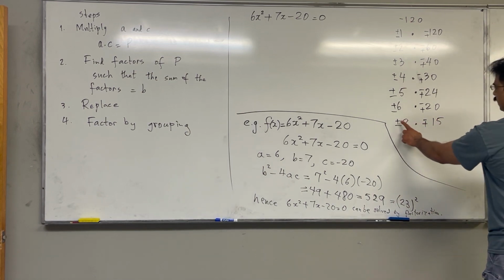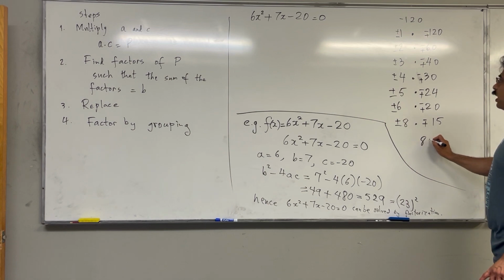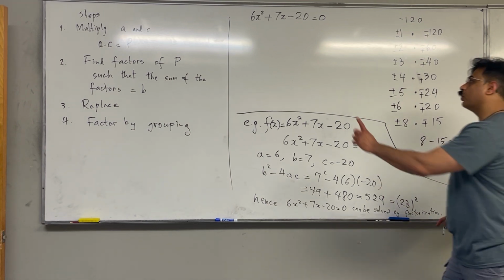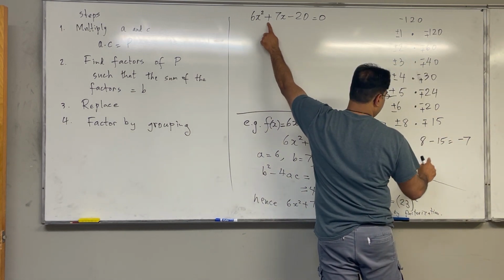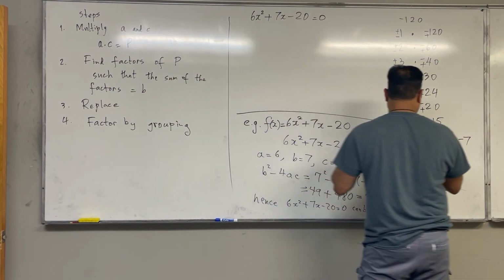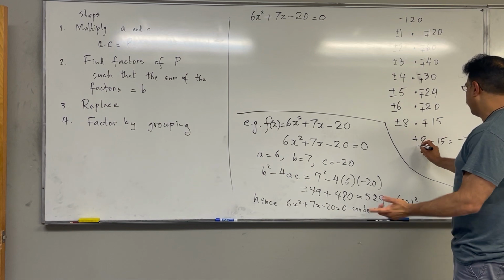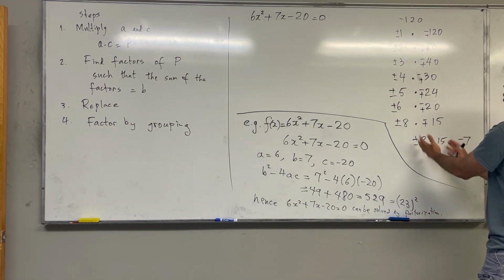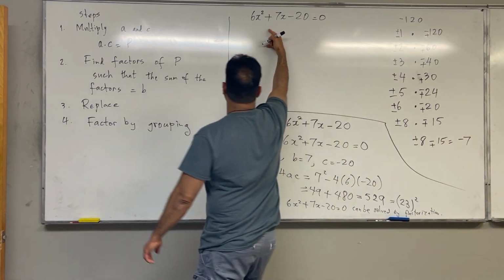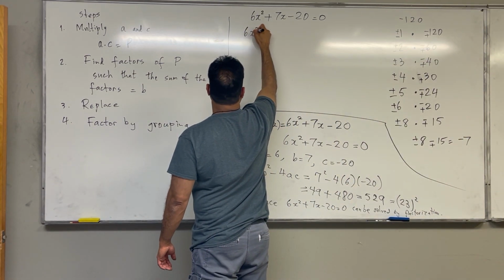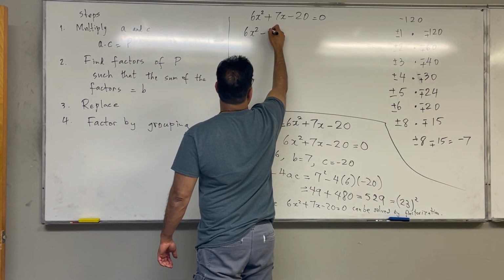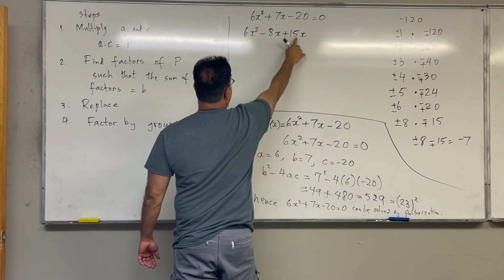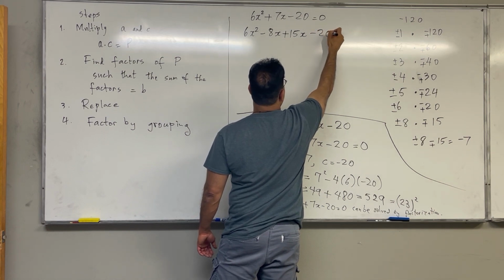Now notice, positive 8 minus 15 gives us negative 7. Are we looking for negative 7? No, we are looking for positive 7. So the other factor should work, where 8 is negative and 15 is positive. So you replace negative 8 and positive 15 here. So it should be negative 8x plus 15x. Don't forget the x, minus 20.